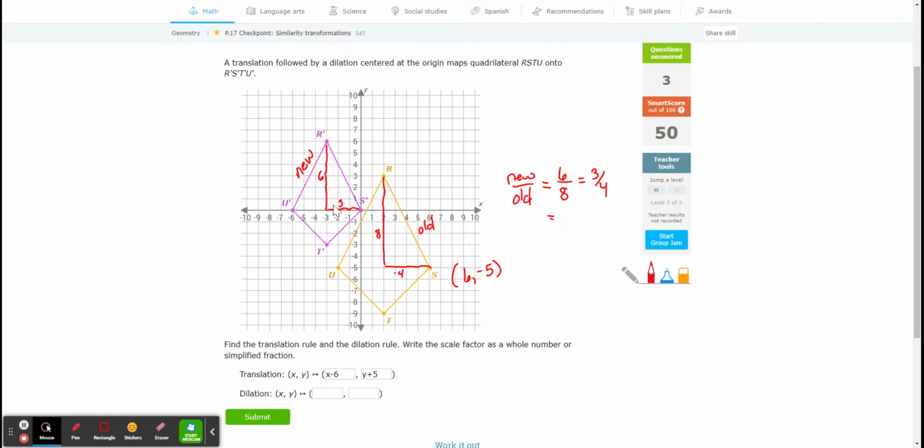Would again be 3, the new one, 4, the old one. So my dilation would be 3/4 x and 3/4 y.